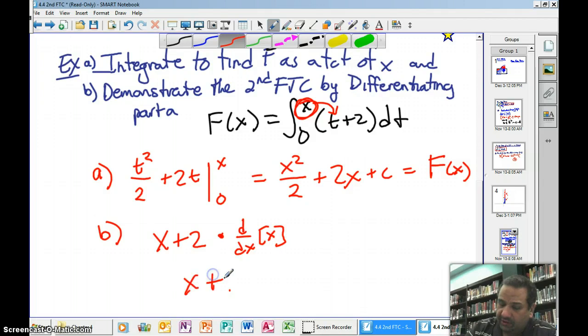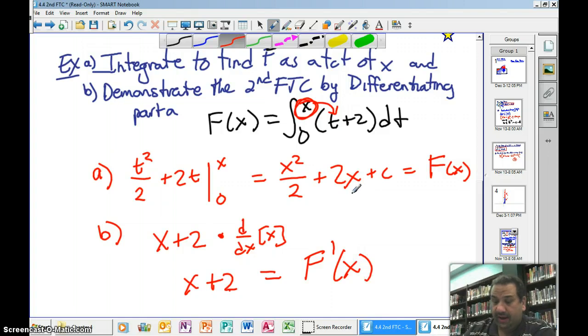So you get x plus 2 equals the derivative of capital F of x. If I take the derivative here, I get x plus 2. So you can see there are 2 ways to do it. The second fundamental theorem of calculus is much easier than going through that whole process.